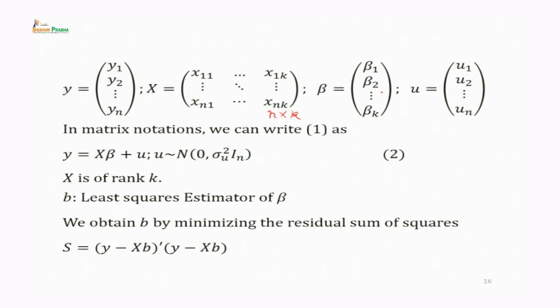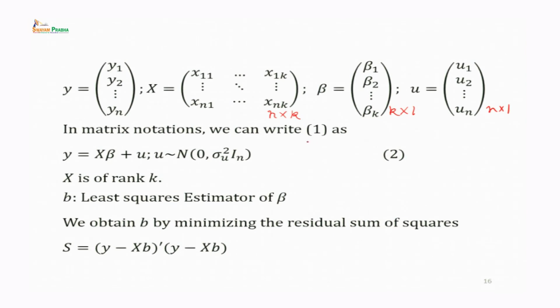Beta is a k by 1 vector of regression coefficients, and these regression coefficients are unknown. So, your problem is to estimate these regression coefficients, and again u is an n cross 1 vector of errors. Sometimes we also call it disturbances.